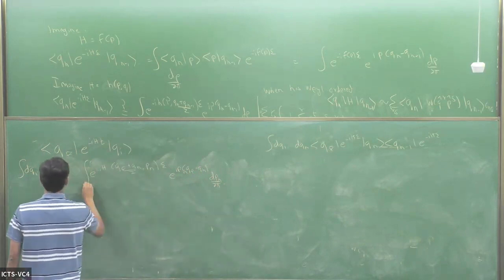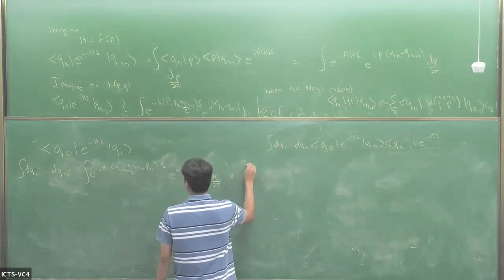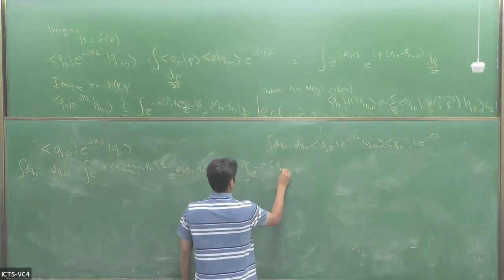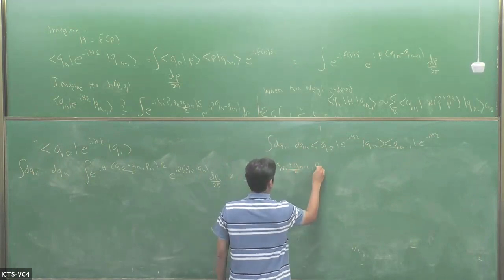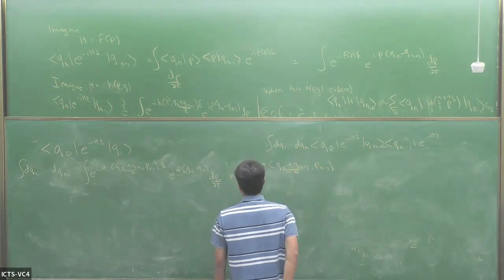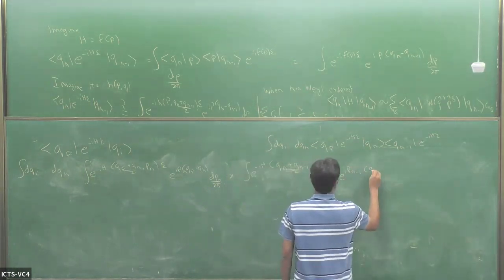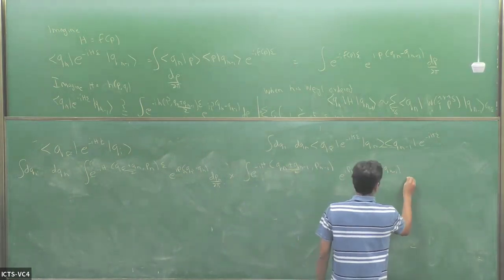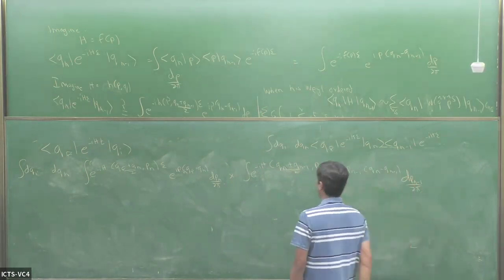We have an integral here, and then we multiply this with an integral of e to the minus iH qn plus qn minus 1 over 2 pn minus 1, e to the i pn minus 1 into qn minus 1, integral dpn minus 1 by 2 pi, and so on.